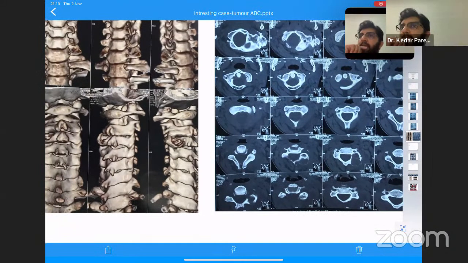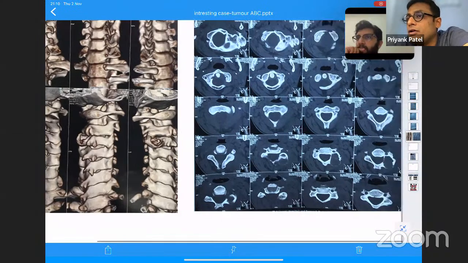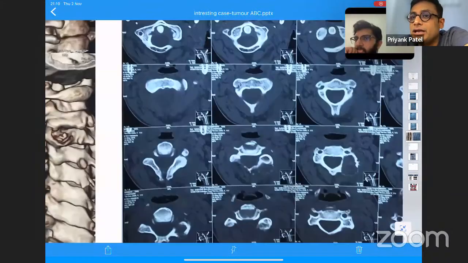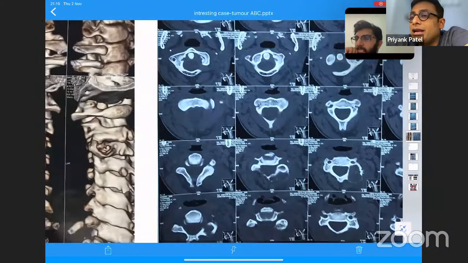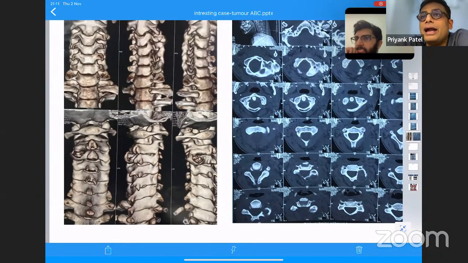So basically, like just what Kedar mentioned, there is an expansile lesion in the bone involving the left-sided lateral mass of C4 with peripheral calcification seen. It is a well encapsulated lesion, not involving any important structures like the vertebral artery or the vertebral canal.